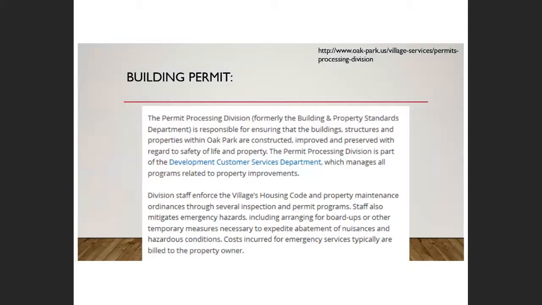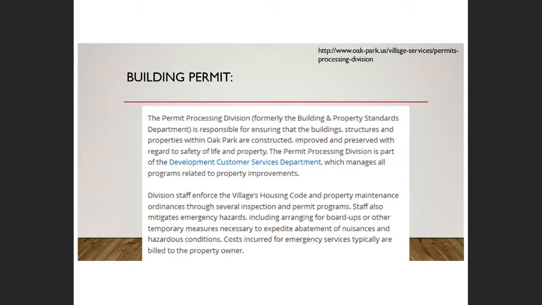So again, the jurisdiction, the Village of Oak Park, has a building code, and the permit process and the inspection process that goes along with it is essentially the enforcement mechanism. Just like the village has a speed limit of, say, 25 miles an hour.